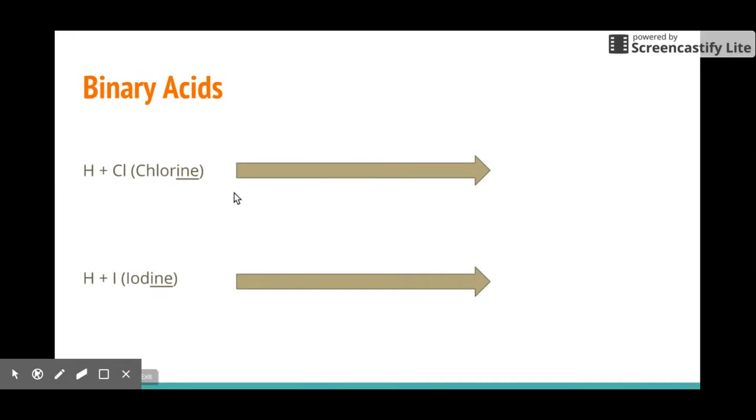When you put them together and they create an acid, you give them the name in the form of hydro-blank-ic acid. So hydrogen plus chlorine is hydrochloric acid, and hydrogen plus iodine is hydroiodic acid. I don't think I pronounced that right, but right. And the other thing about binary acids is they contain no oxygen atoms at all, no oxygen.